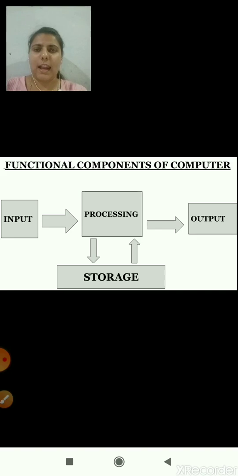This is a real life example of input, process and output. Another example, if we are giving two numbers to calculate the sum to the computer, that is input. When the computer adds them, that is processing, and the result is their output.